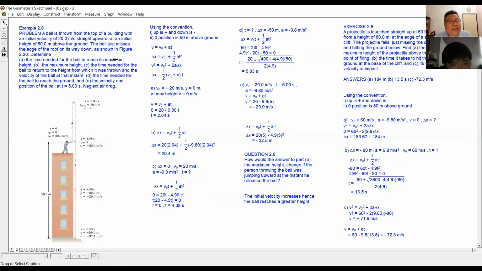If you know what is happening, then you are able to change these words into symbols. Maximum height, time needed for the ball to return, and so on. There is no symbol at all inside what they ask. The problem is how to convert things like this into symbols.